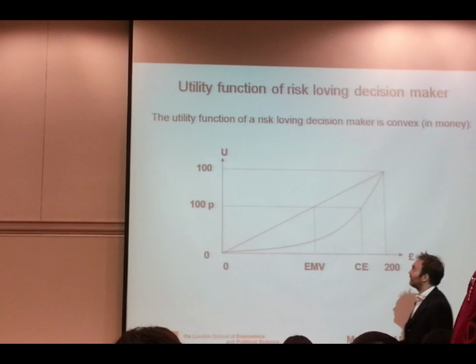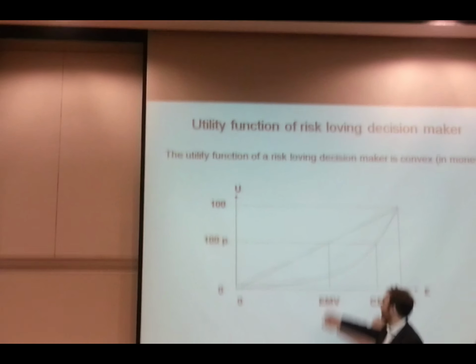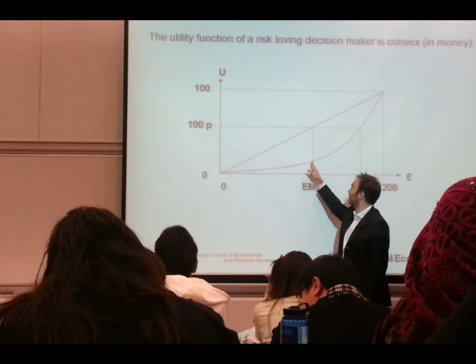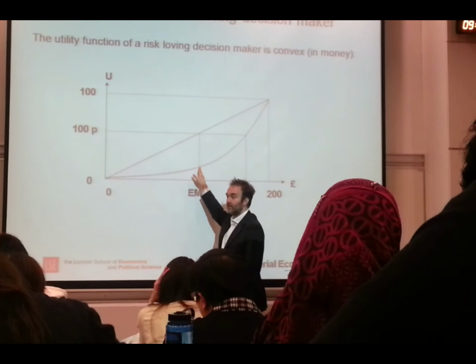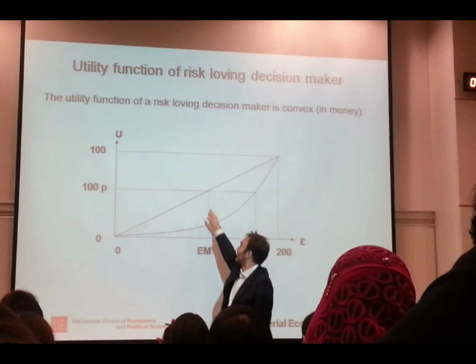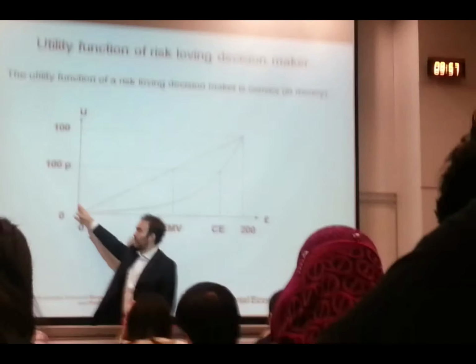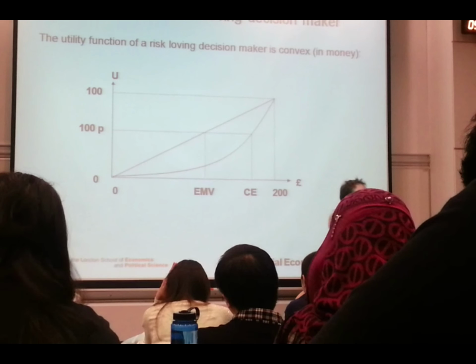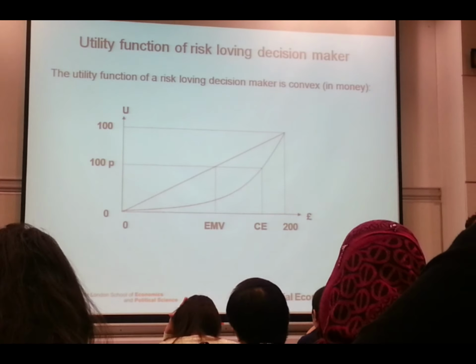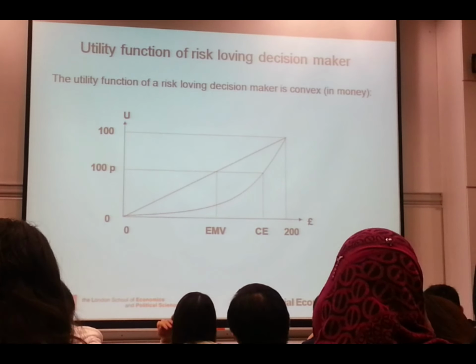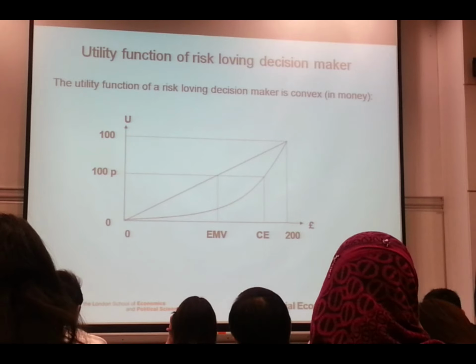And so the interesting bit for a risk-loving decision maker is that he actually gets a lower utility, because this point here is actually less than 100 times p. This means that a risk-loving decision maker is actually happier if he gets to play the lottery than if he gets the same amount in certainty.